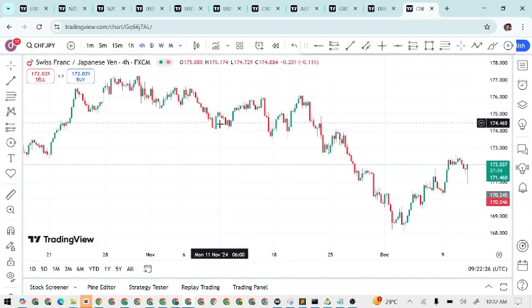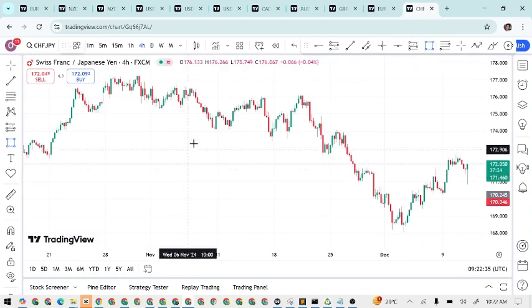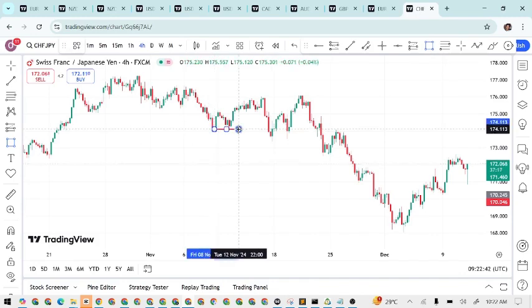Then, when this happened, there was no sweep of this engulfing candle. Remember in the last video, I said whenever you see an engulfing candle, there must be a sweep of that engulfing candle. Then the market has to form another engulfing candle. Now there was no such thing in this area here.